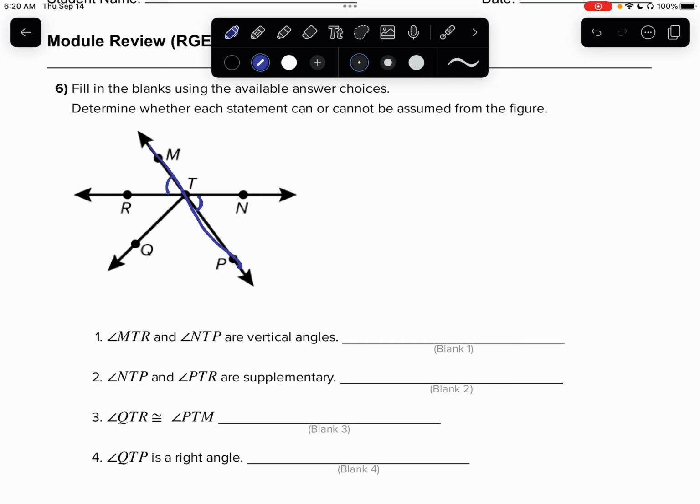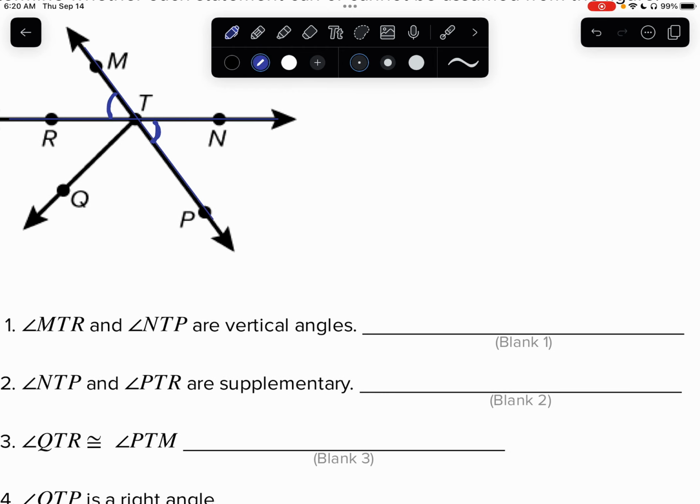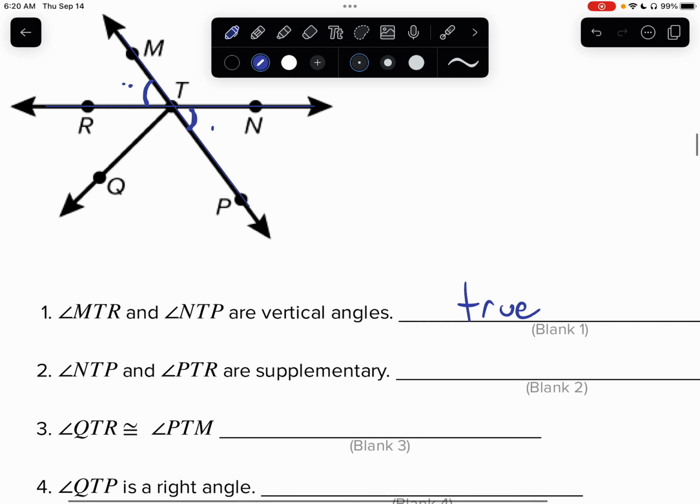So I see that MP seems like a straight line. RN seems like a straight line. And I can pretty much say that they are a straight line. So that means that these are vertical angles. Remember, vertical means they're across from each other when two straight lines intersect. So I'll just say true here. So that's true. They are vertical angles. These two straight lines cross and they're across from each other after that.